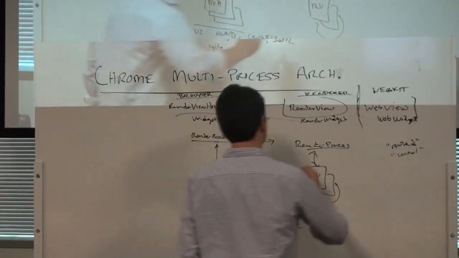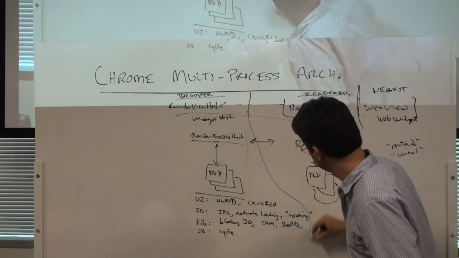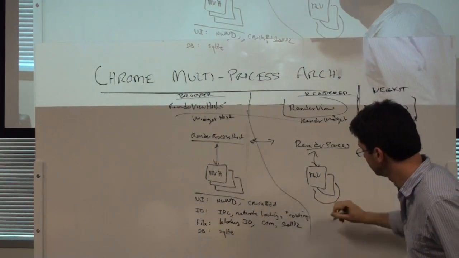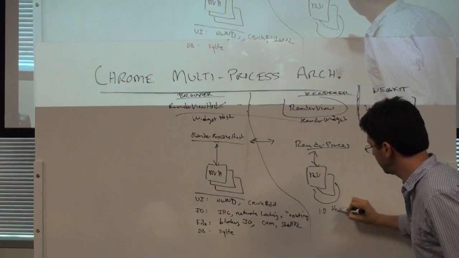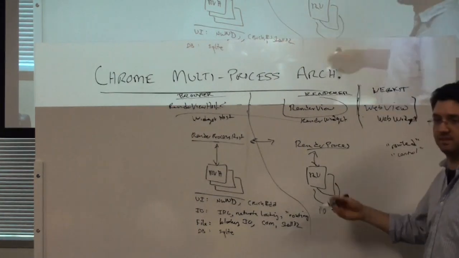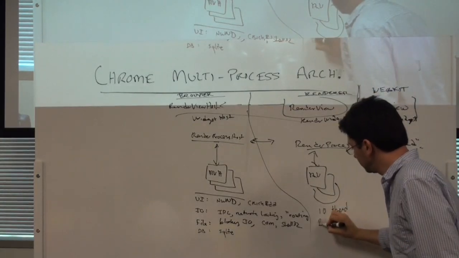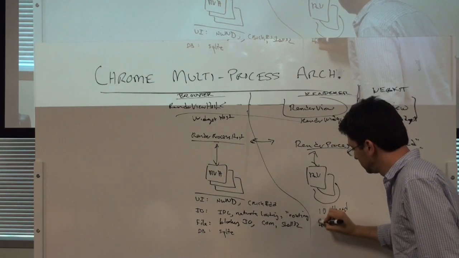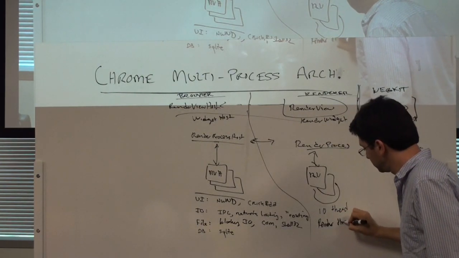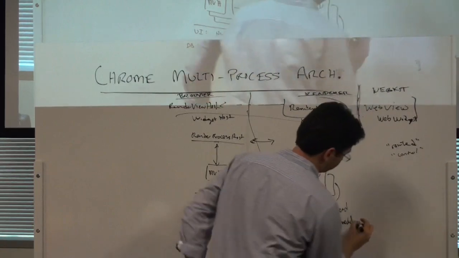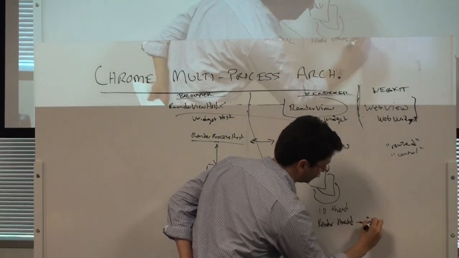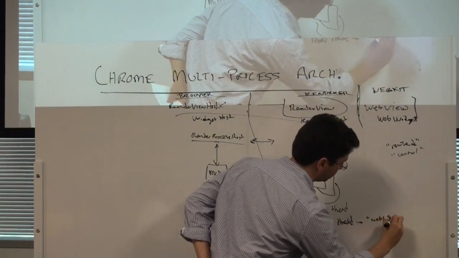Now on this side, in the renderer side, we also have an I/O thread as well, which again used to receive IPCs, process IPCs, and then we have something called the render thread. And this turns out to be the WebKit main thread.